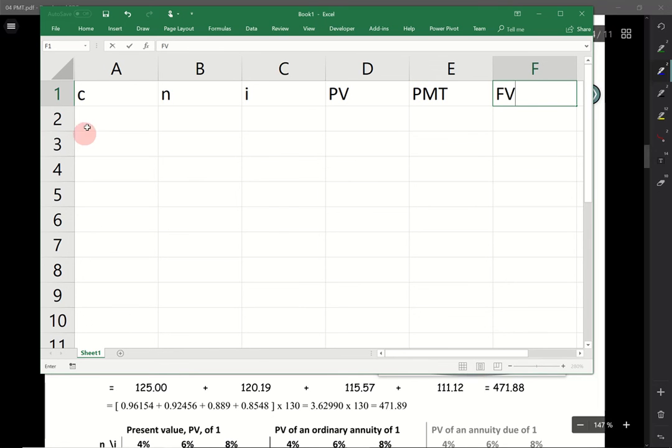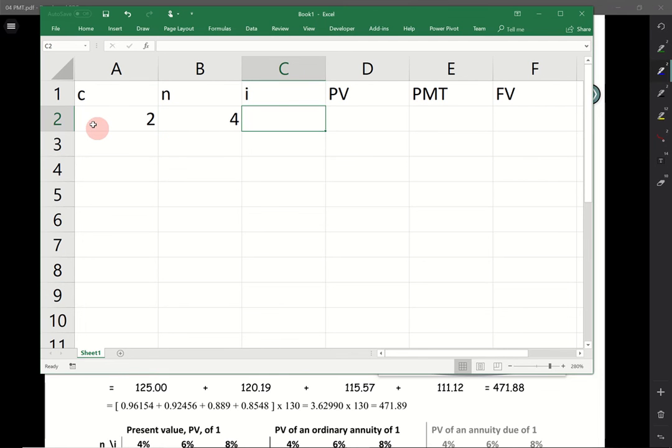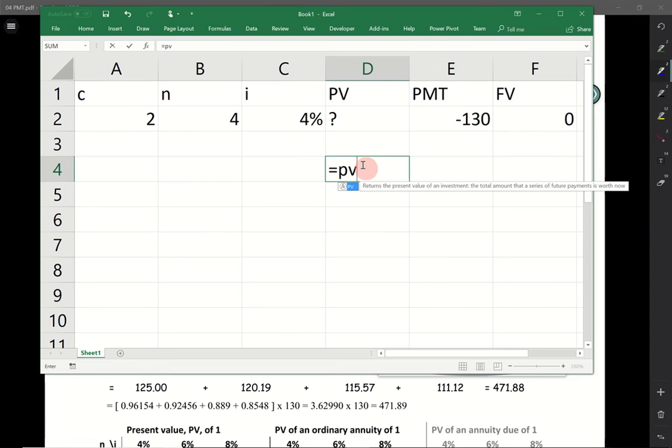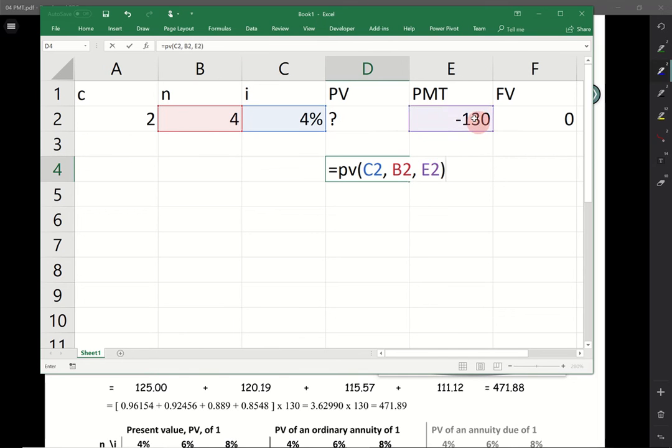Then I'll do the second row: 2 for N, 4% for the rate. PV is what we want to figure out. PMT is minus 130, and FV is 0. So the PV is equal PV, then this 4%, comma, N is there, comma, PMT is there, and then we can close it off with that.